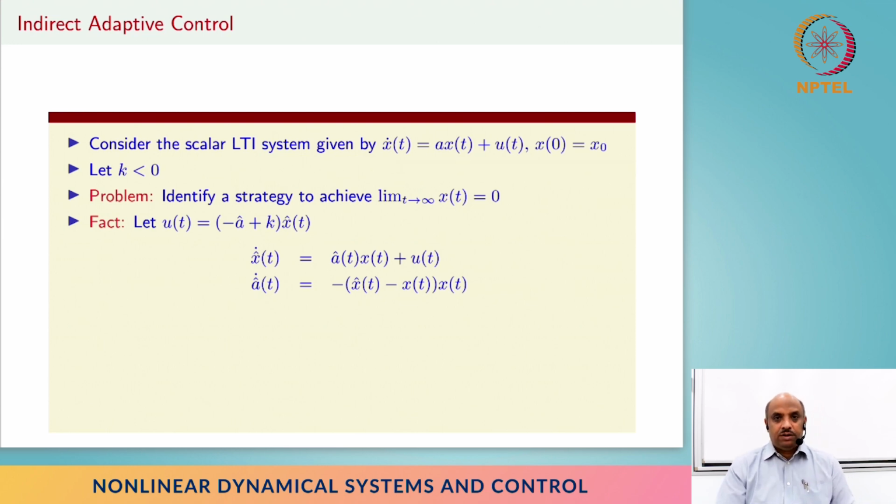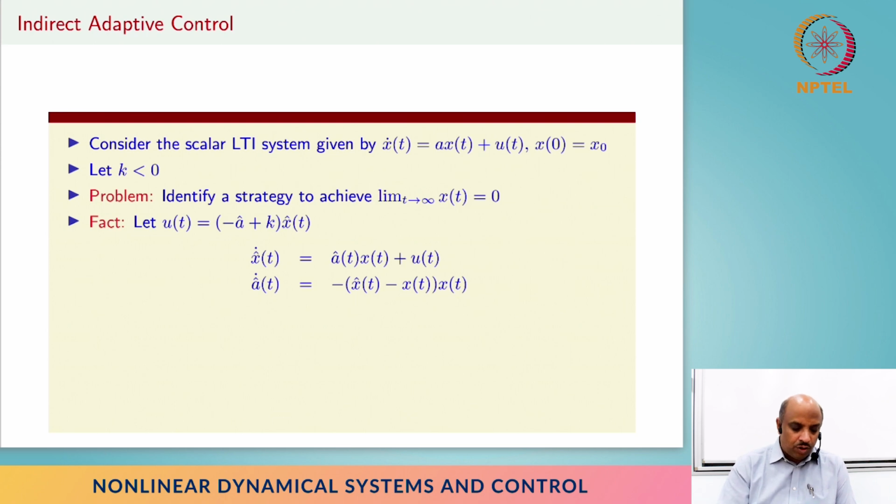This is kind of similar to that feedback linearization idea that I was talking about. I have something nonlinear, I don't know what to do with it. I'm going to cancel that first and then put some stabilizing controller. So I'm going to cancel ax, which I don't know what it is, through this estimator minus a hat, but then I'll add this k times x hat, right?